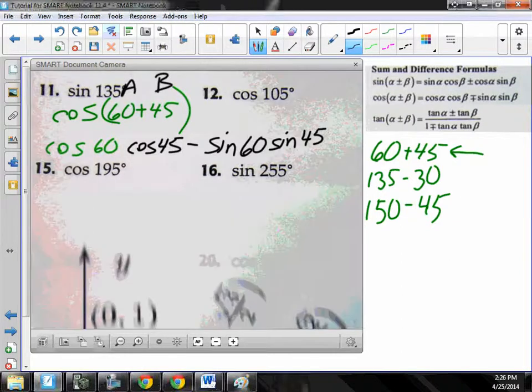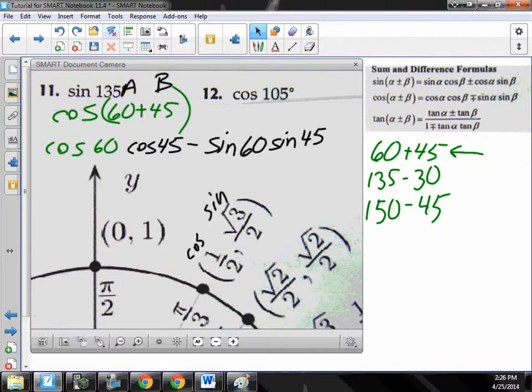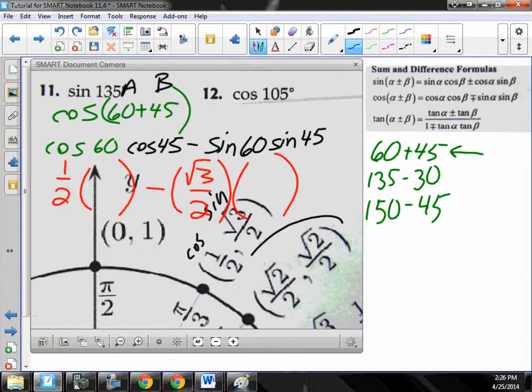So let's look at, there's 60 degrees right here. So this is the cosine of 60 and this is the sine of 60. So I can fill those in. 1/2 here times something minus root 3 over 2 times something else. This is 45 degrees. The x value is cosine and the y value is sine.